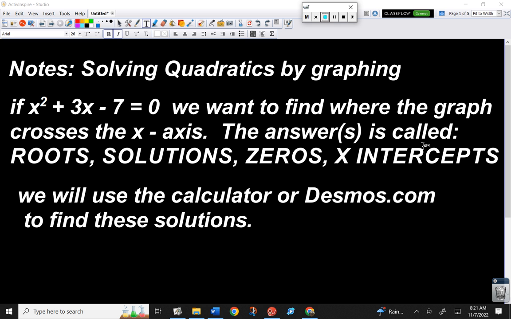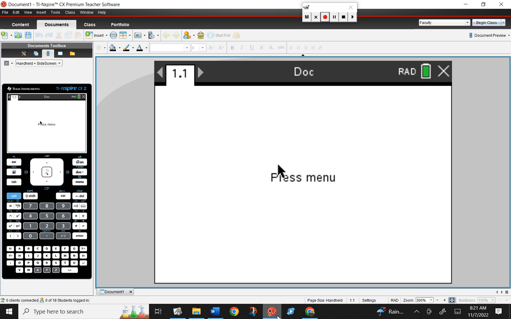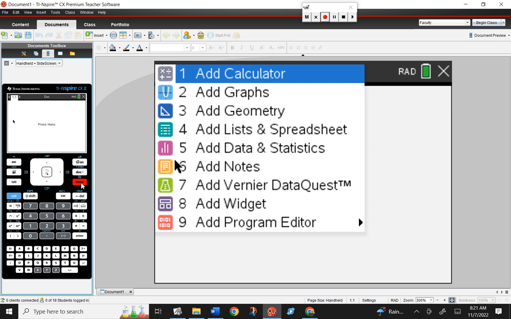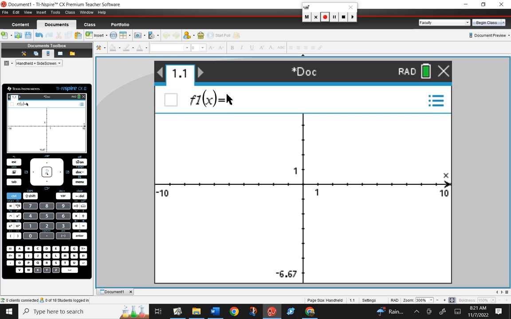Well, here we go. So here's our equation, x squared plus 3x minus 7 equals 0. What I want to do is turn on the calculator. Ladies and gentlemen, we're going to press menu and add a graph.